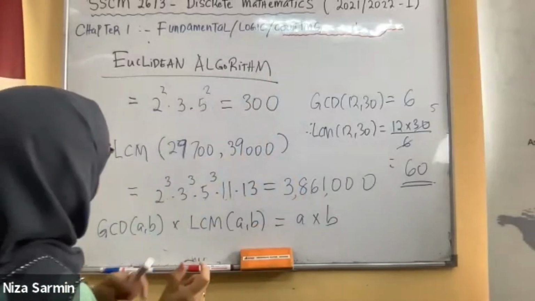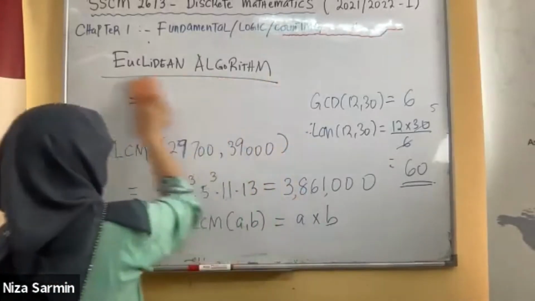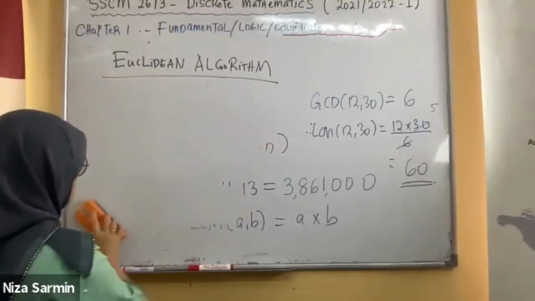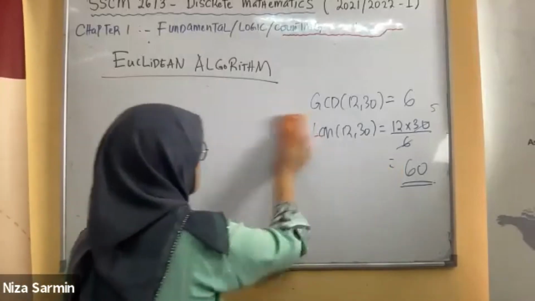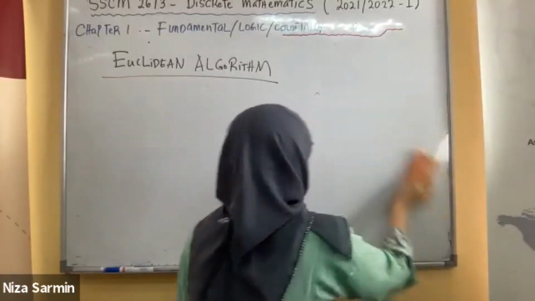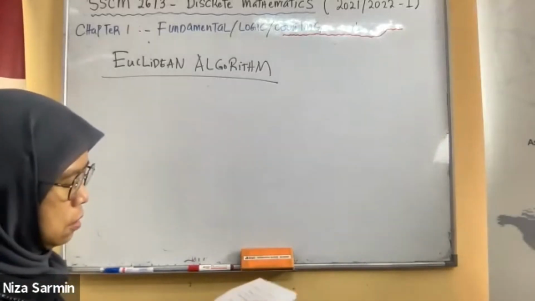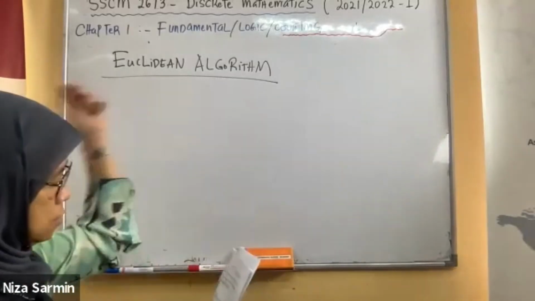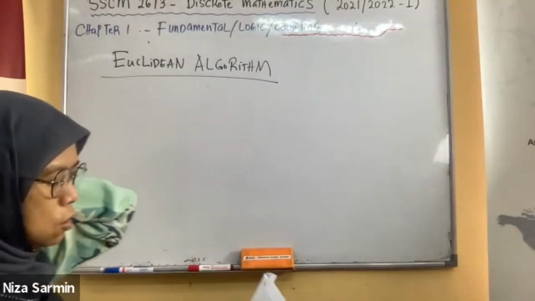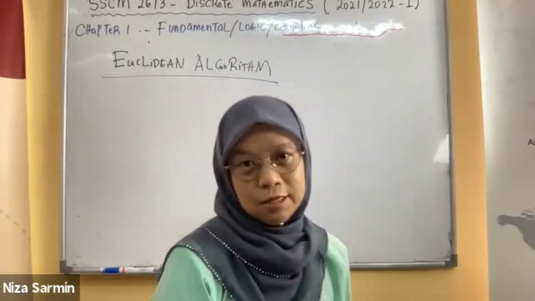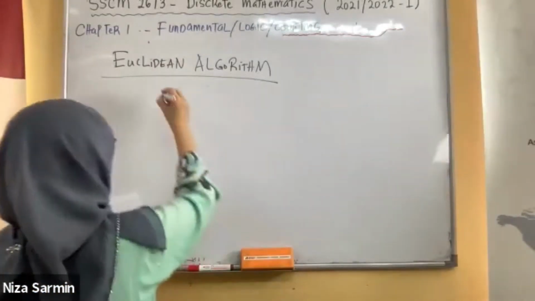Okay, now we want to find the algorithm to find GCD. That's another way to find this.